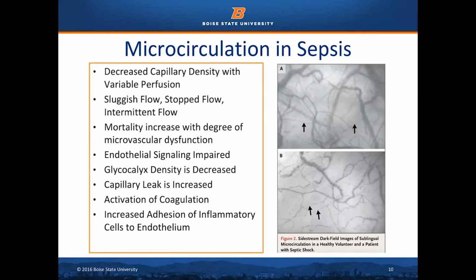And it basically, you put it on the mucosa of the gum, actually the inside of the mouth, and literally magnify the microcirculation, and you can see the blood flowing. It's really pretty amazing. It really never caught on as a diagnostic tool, but it's one of those really cool things to look at.